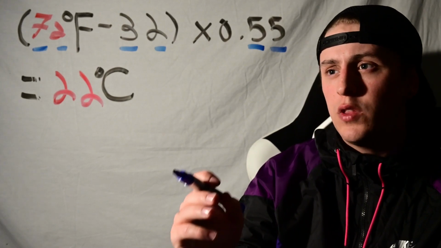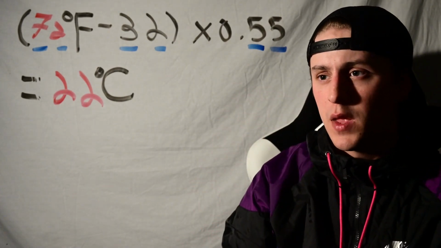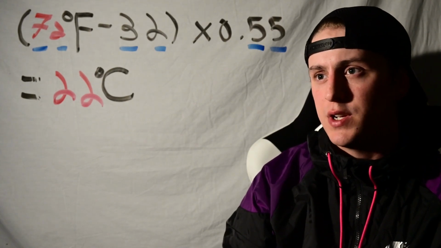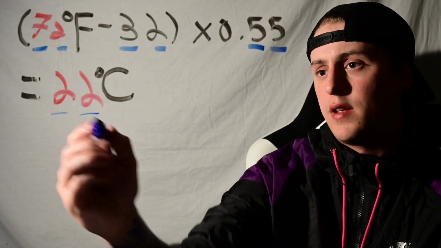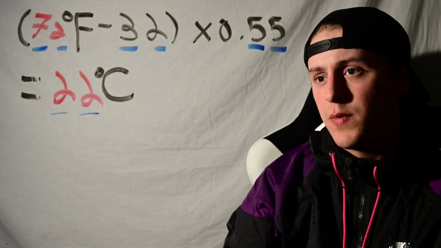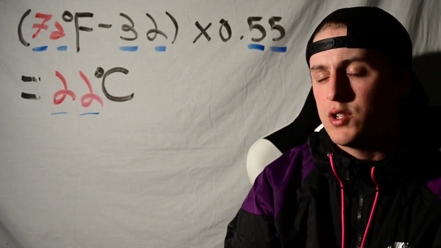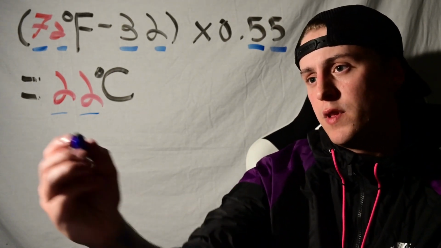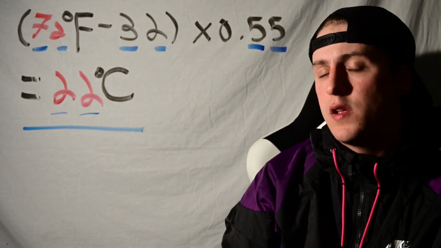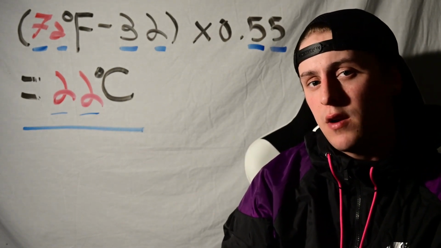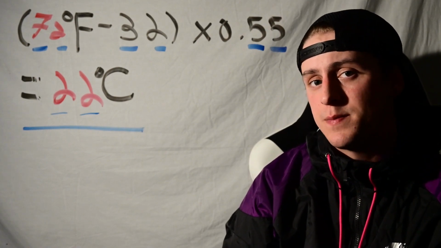If you included the whole 5 over 9, you would have a whole bunch more numbers, but for this equation it doesn't matter. This satisfies our two significant figures, and the 0.2222 would be the only part that changes. So for this question, this is all we need. You can see 72 degrees Fahrenheit is approximately 22 degrees Celsius.